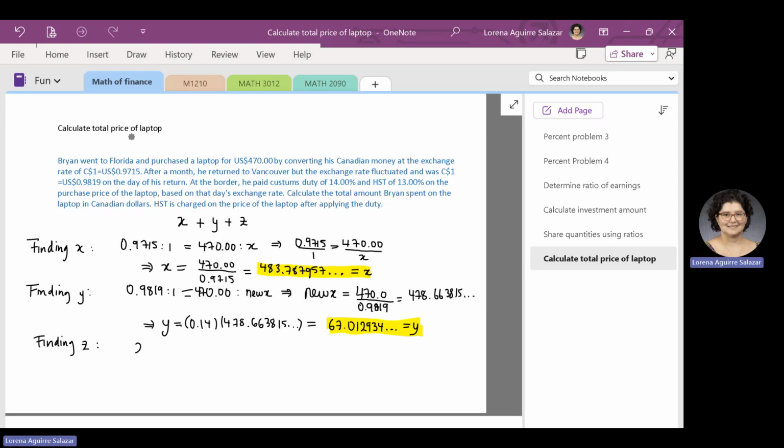So we have Z equals 13% of the new X, that's the value of the laptop the day Brian crossed the border, 478.663815, and so on, plus the duty, so plus 67.012934, and so on.